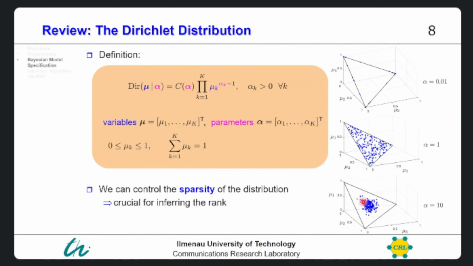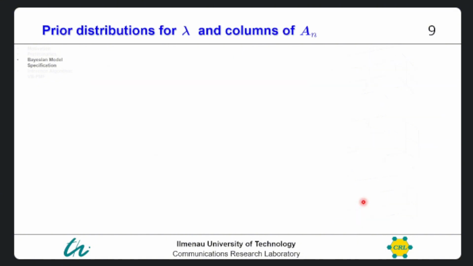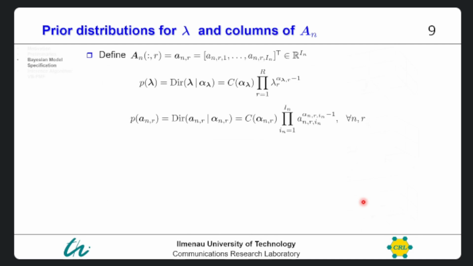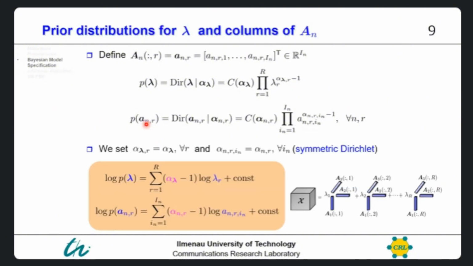Okay? So this is what we use as the prior distributions of lambda and the columns of the factor matrices. So this is what we have here. This is the prior distribution of lambda, and the prior distribution of the column A_nr of the factor matrices.